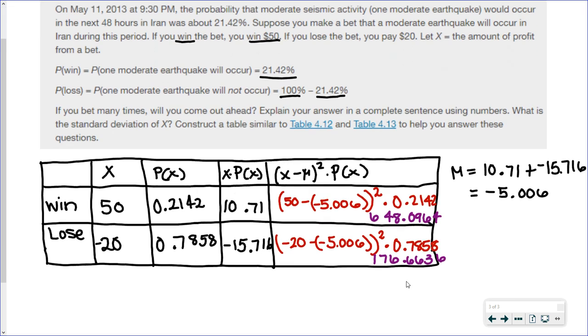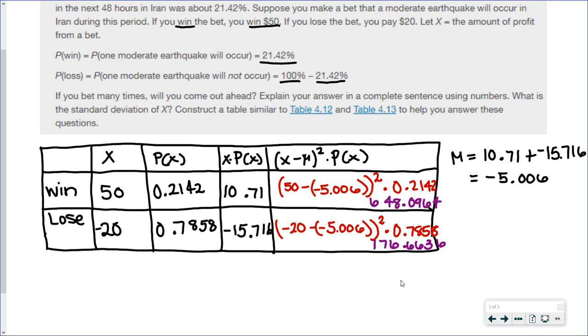We're almost done. To find the standard deviation, what we're going to do is add up these two purple numbers. So I'm going to take 648.0964 and add it to 176.6636.